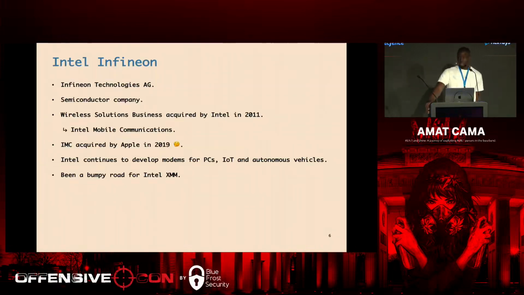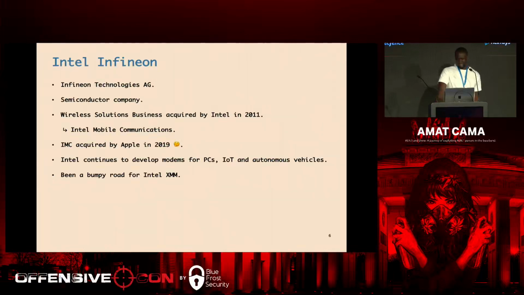And in 2019, actually, a year after I did research on this, it was acquired by Apple because it was kind of a bumpy road for the Intel modem. They couldn't really compete with essentially any of the other vendors. They had performance issues, like iPhones that were using this baseband were slower, their battery would run out faster, and stuff like that.